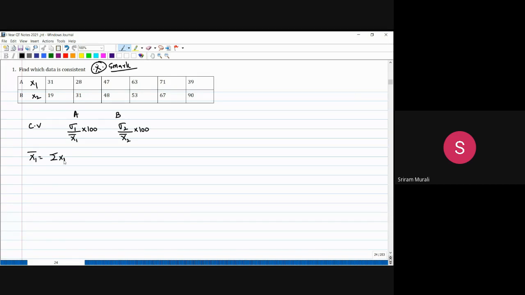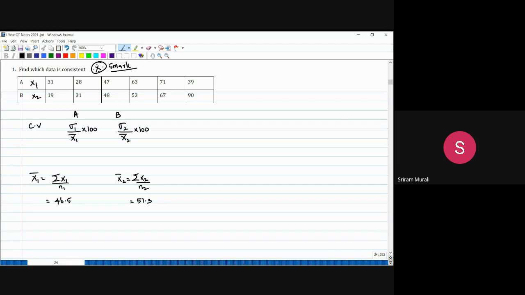Arithmetic mean, sigma x1 by n1. What is x2 bar? Sigma x2 by n2. If I add everything in x1, divide by 6, you will get 46.5. If I add all in x2, divide by n2, that is 6, you will get 51.3.